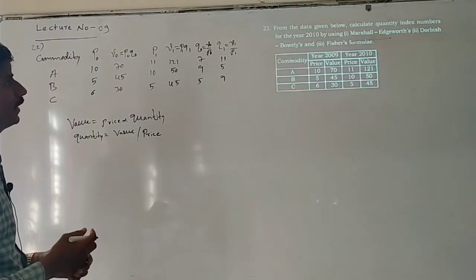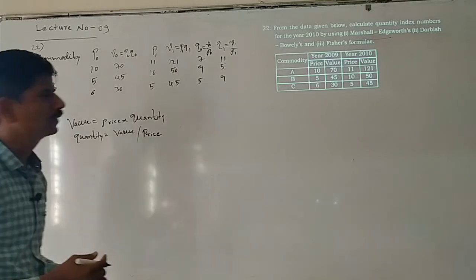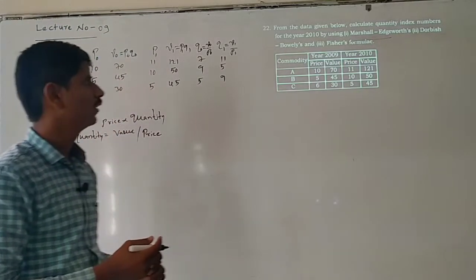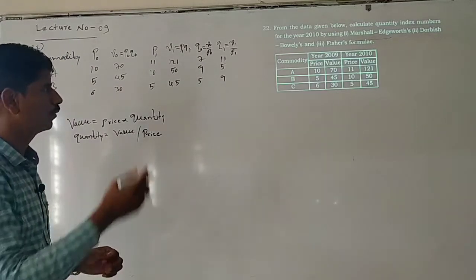Here they are asking to calculate quantity index numbers for the year 2010 by using Marshall-Edgeworth, Drobisch-Bowley and Fisher's formula.